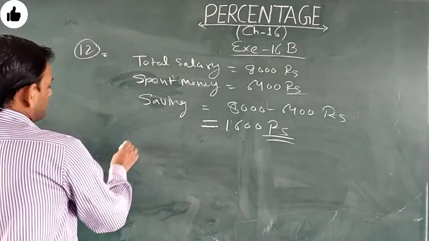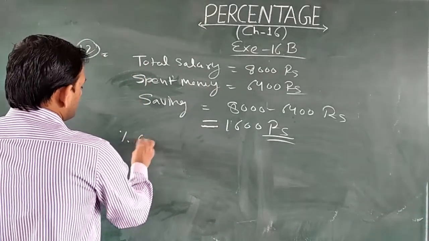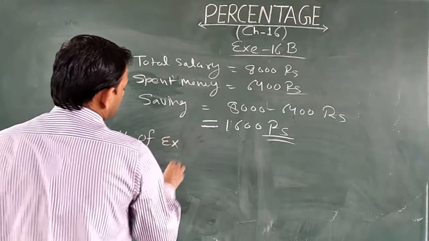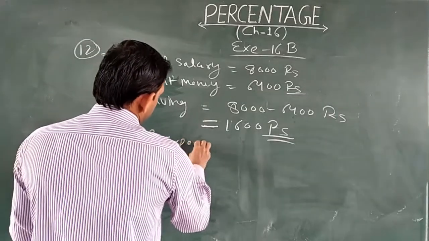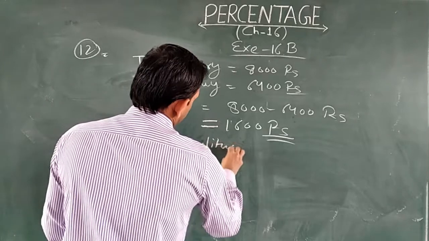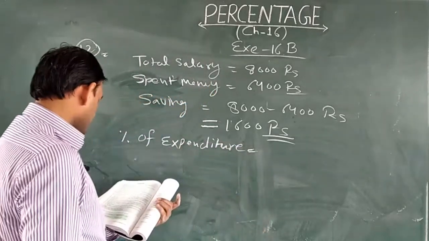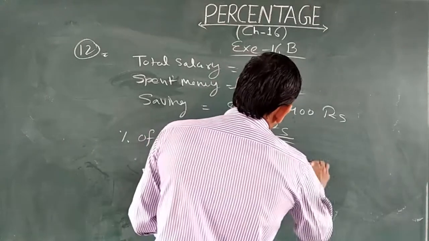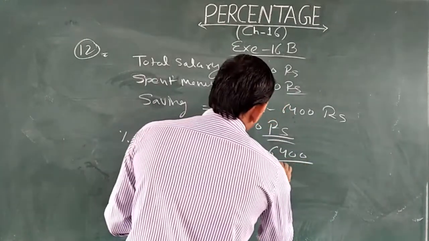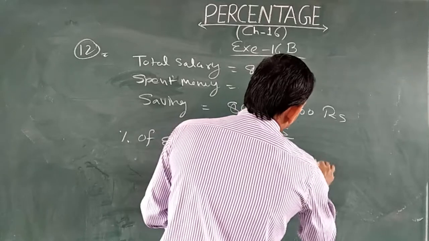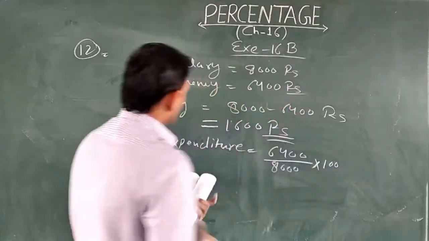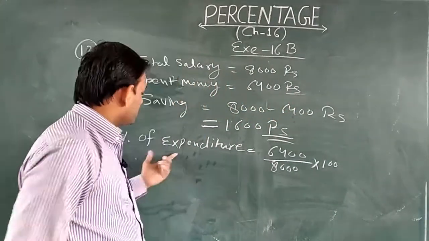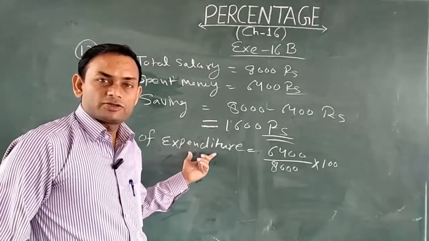So first of all we will find the percentage of expenditure. Percentage of expenditure, you will write 6,400 upon 8,000 multiplied by 100, because we are talking about the percentage of the expenditure.